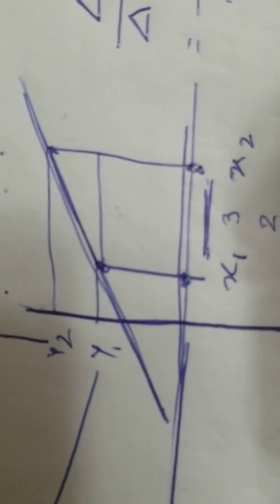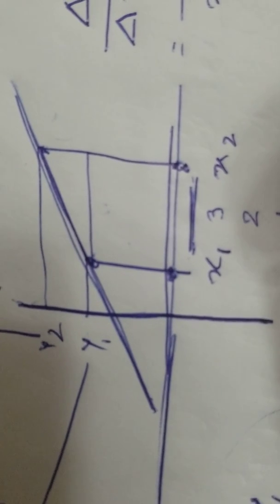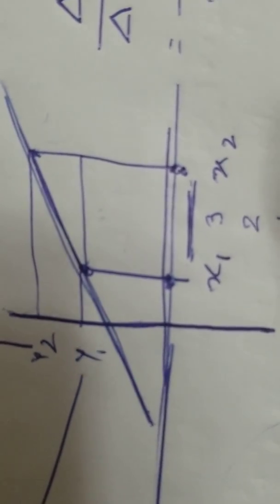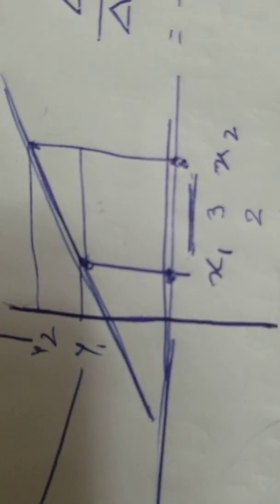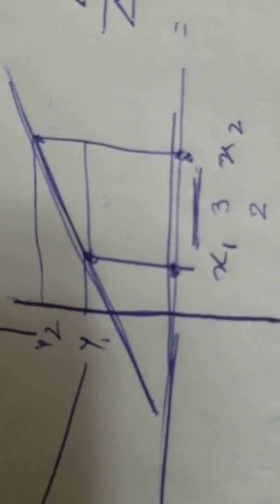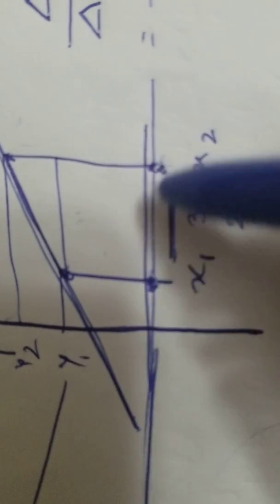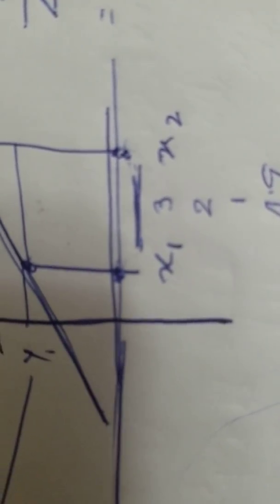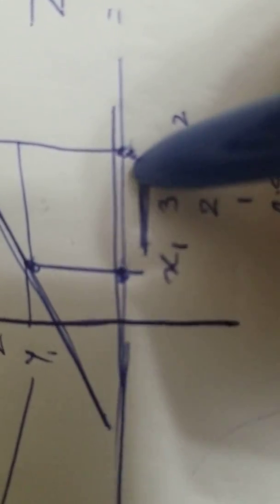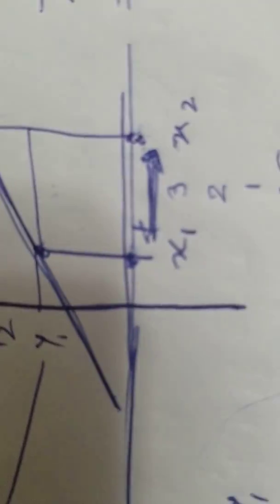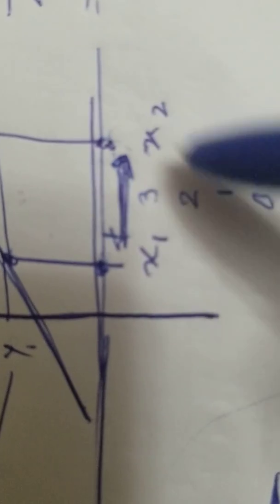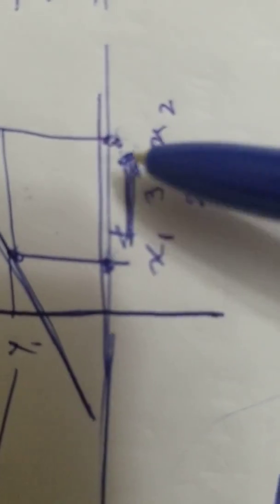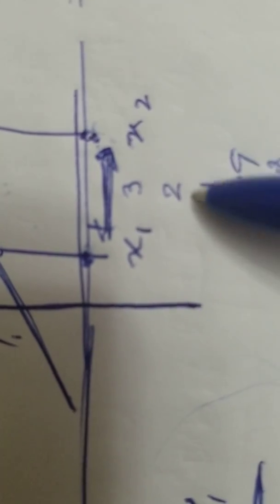It goes to 2, 1, 0.9, 0.8, 0.1, 0.001, and smaller and smaller. What is happening to these two points? Right now the distance between these two points is 3, and it's slowly approaching 0. From 3 it's becoming 2, from 2 it's becoming 1.